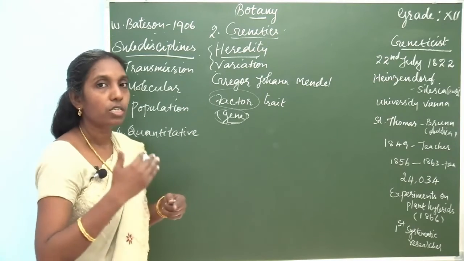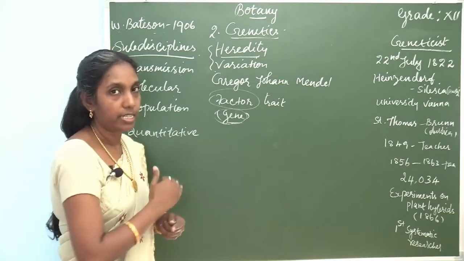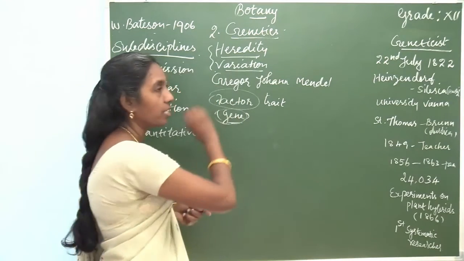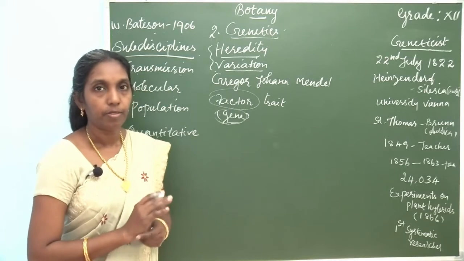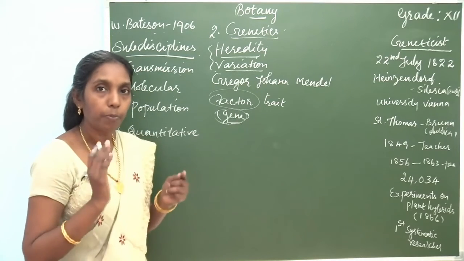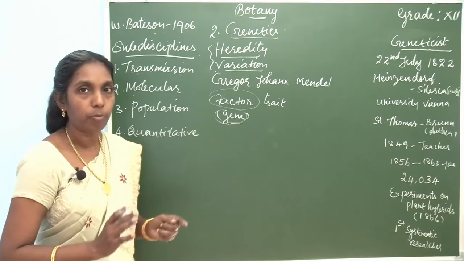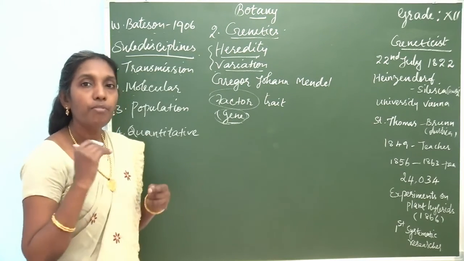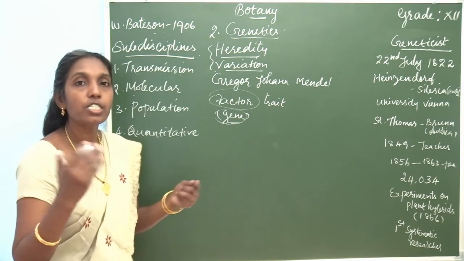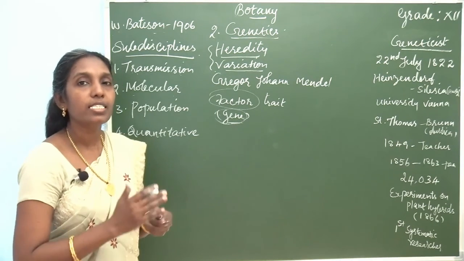The transmission of characters is called heredity. And variation represents the differences among a population, within the same population, within the natural population or in the species, or within the individuals, where species to species there are some differences.